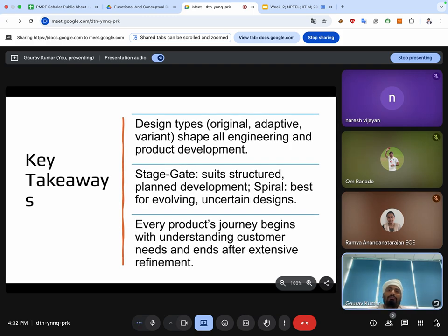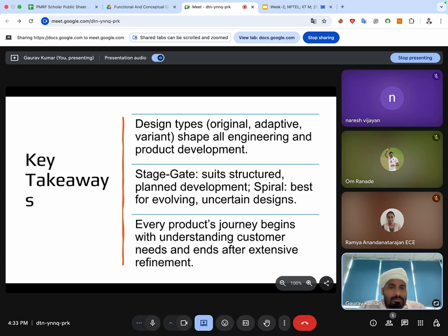Now the key takeaway from the second week, I'm going to discuss in three parts. In part one, we will discuss design types, what we discussed: original, adaptive, and variant. These shape all engineering and product development. Let's start with the core idea.